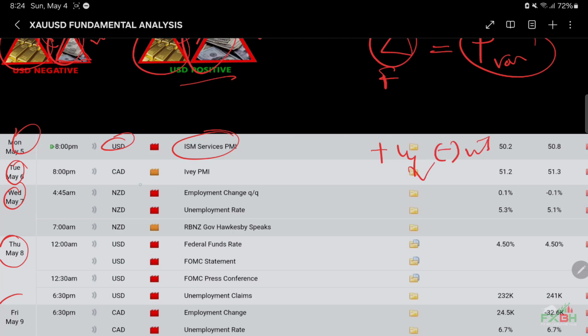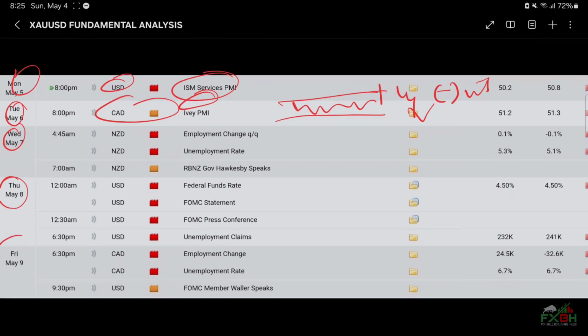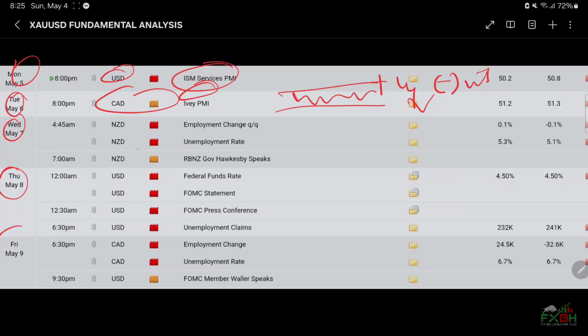For Tuesday we have CAD news, and there is no US news. The market may move sideways if there are no geopolitical issues. I will talk about geopolitical issues later, so keep watching till the end of the video. On Wednesday we have NZD news, same theory, and on Thursday we have 2, 3, 4 USD news.